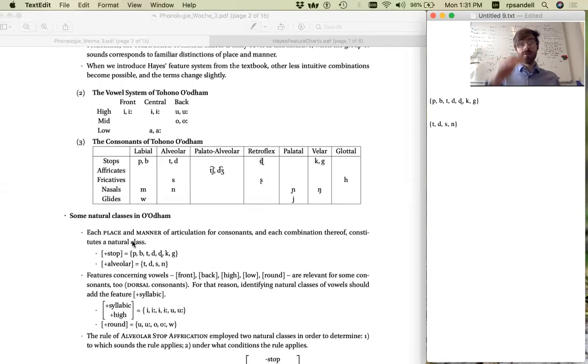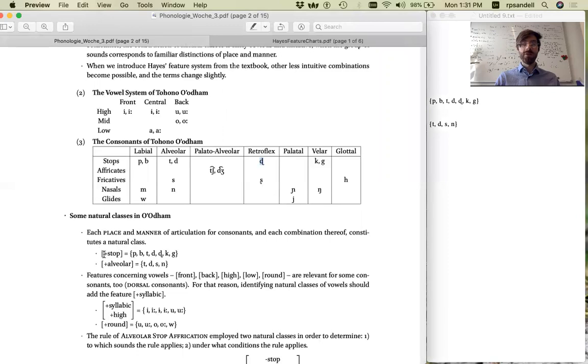And in the first 2 lectures, we have used sort of informal phonological features that just refer to place and manner, for instance, of articulation of consonants. So for instance, if we talk about consonants having the feature plus stop, all of the consonants in this first row here, we would say are plus stop, whereas all of the consonants with a different manner of articulation would have the feature minus stop.